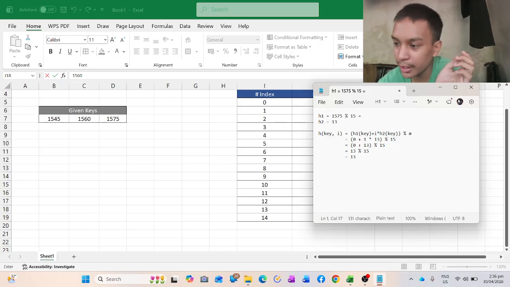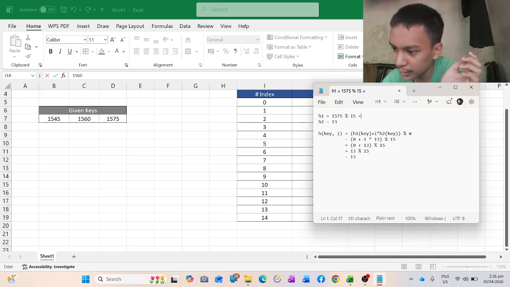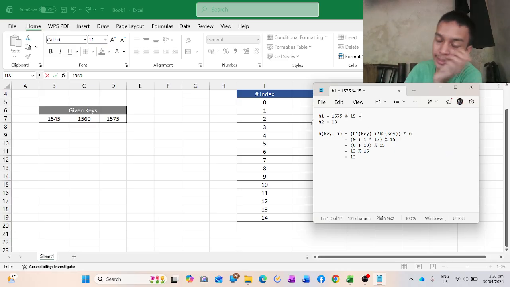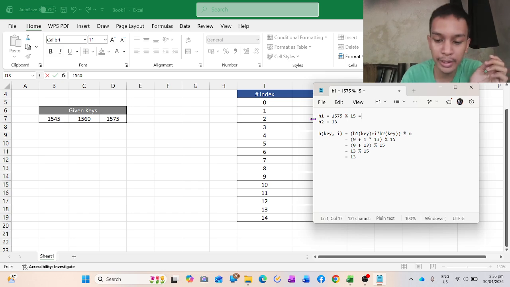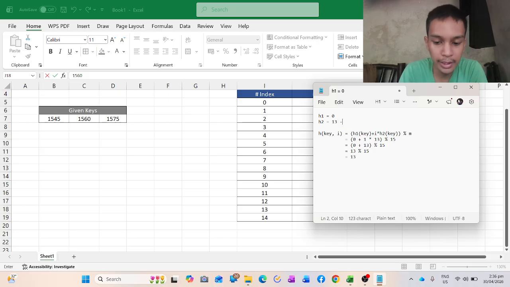We need to divide this again. 1575 divided by 15 is 105, and since there is no remainder, it's going to be another 0. Now we need to find the hash 2, which is 13 minus 1575 modulo 13.